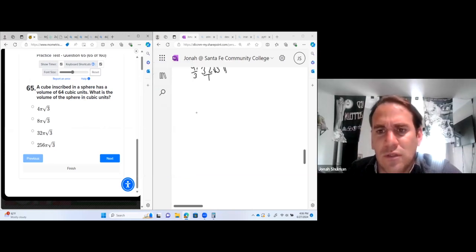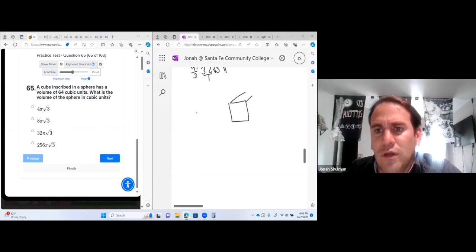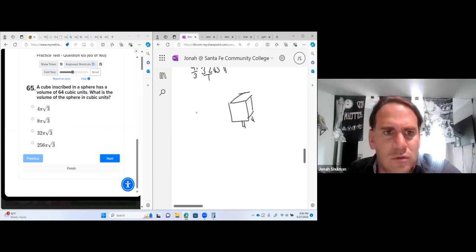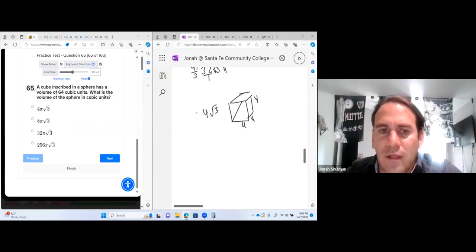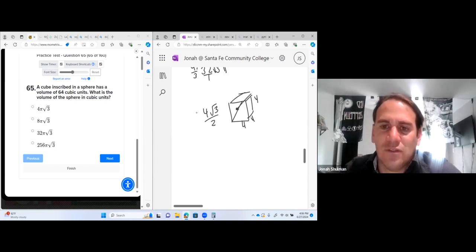So we know our cube is going to be 4 each. So we know that this diagonal is going to be 4 root 3, but we just want half of it. So it's 4 root 3 over 2. That's the radius.